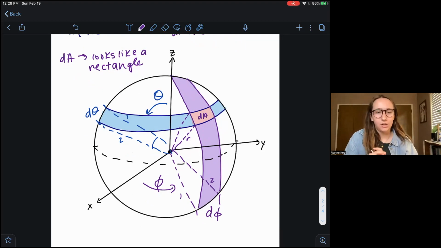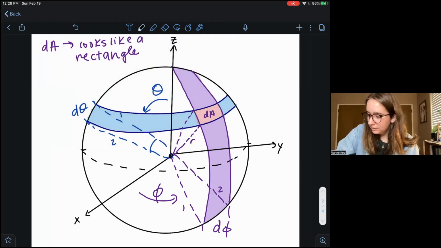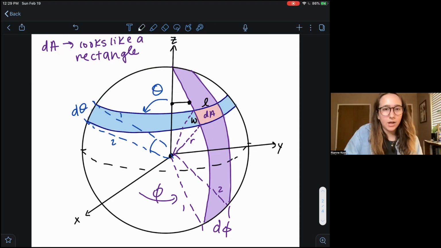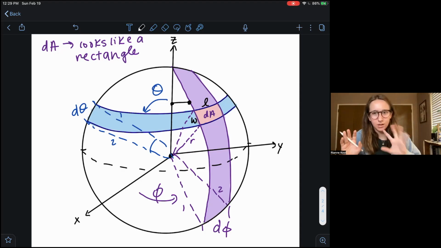So now let's look at our length and our width. So let's say that this is our length and that is our width. So we want to find what that is. One more important thing that I want to label here is this value right here, that little black line that I just drew. It's a little bit difficult to see. It's getting a little bit messy, but hopefully you can kind of see what I'm trying to do here.